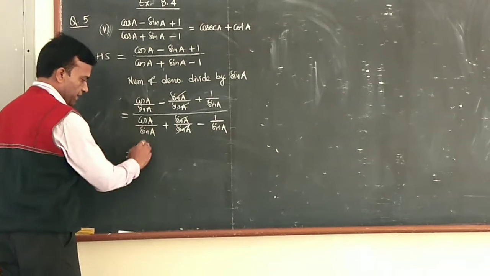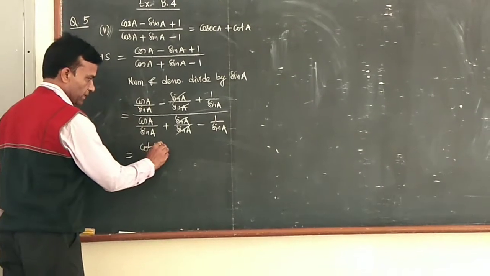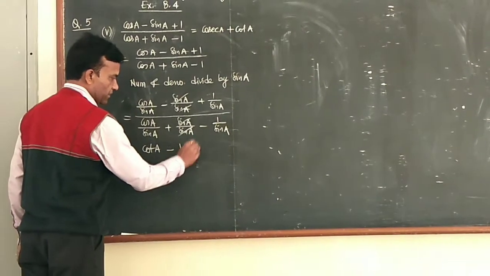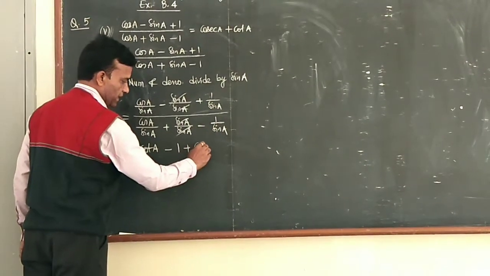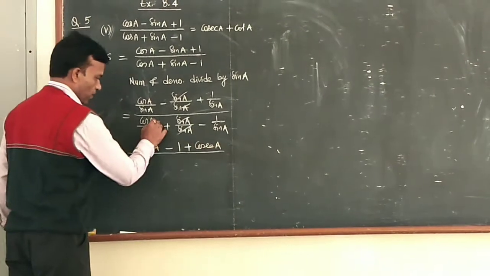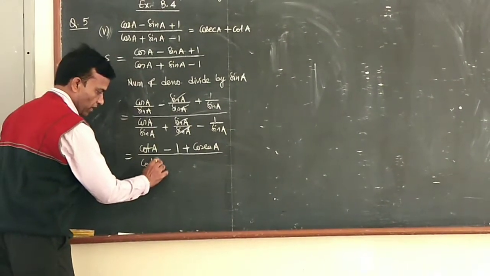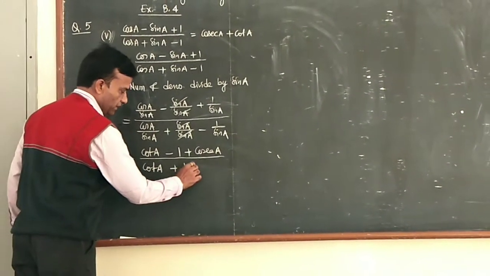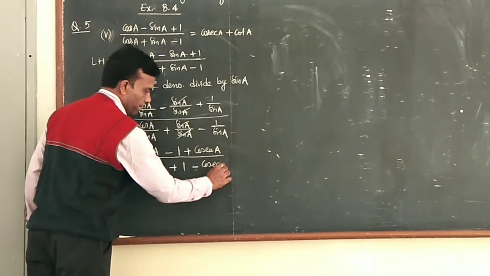Cos A by sin A is cot A, minus 1 plus 1 by sin is cosec A. Then cos by sin is cot A, plus 1 by sin, cosec A.